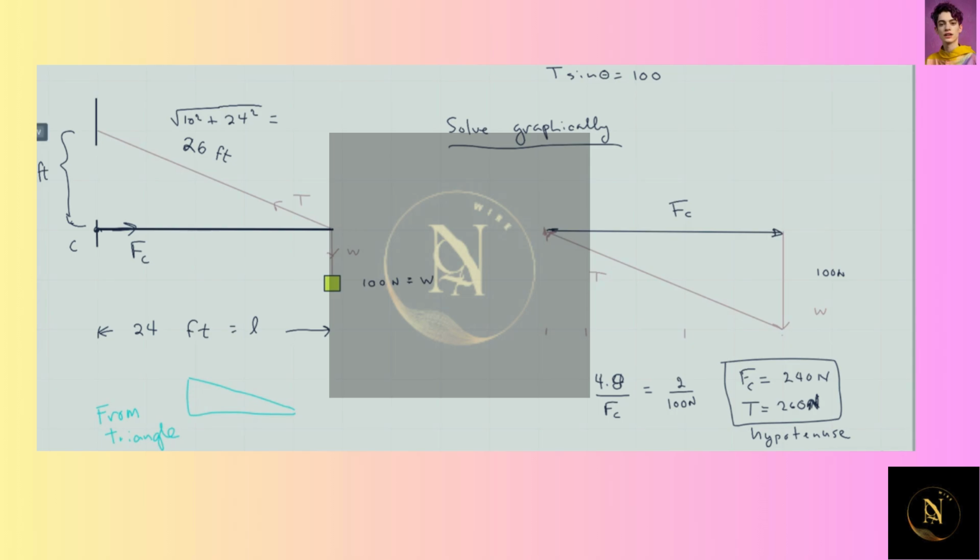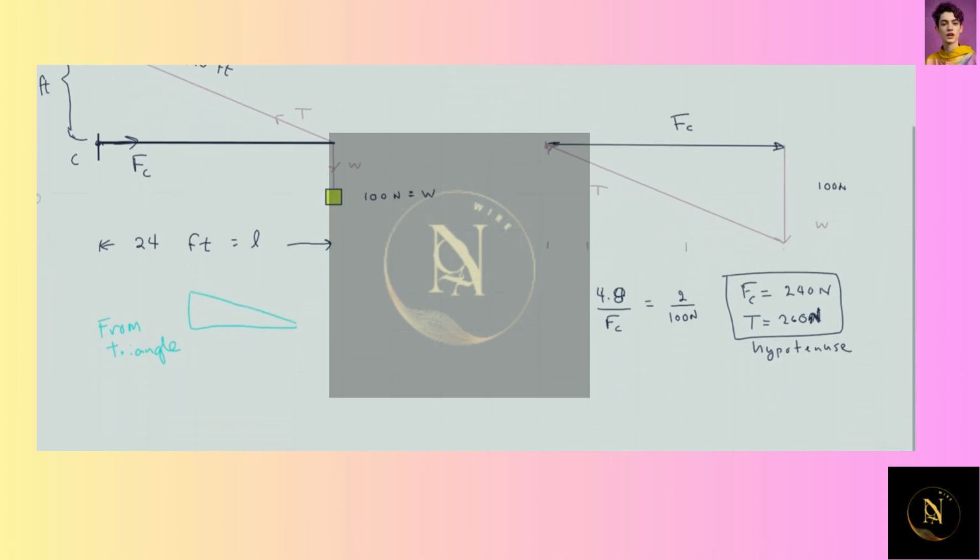And basically then we have that T cosine theta has to equal the force of the compression. Okay, so T cosine theta.